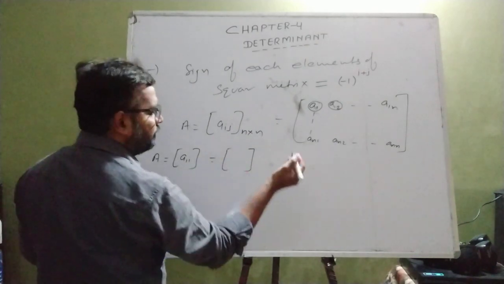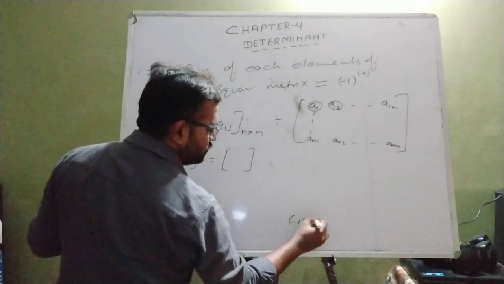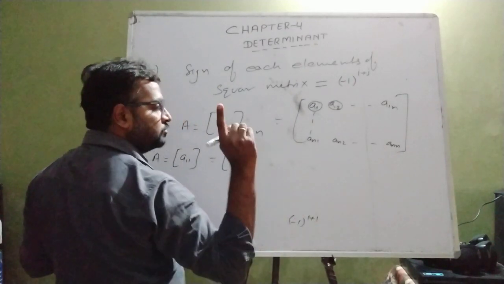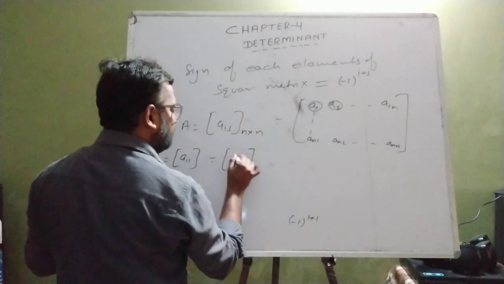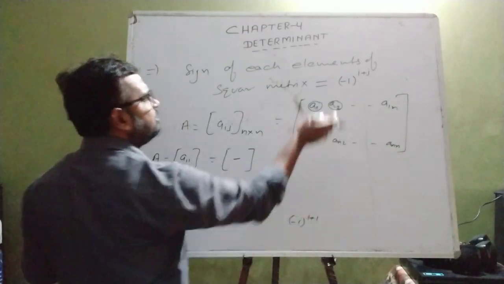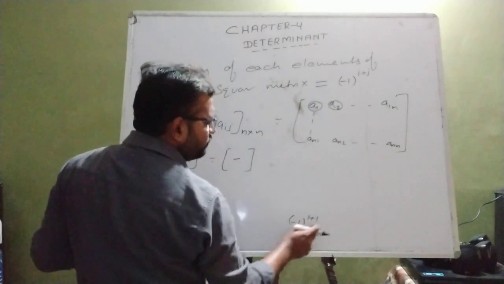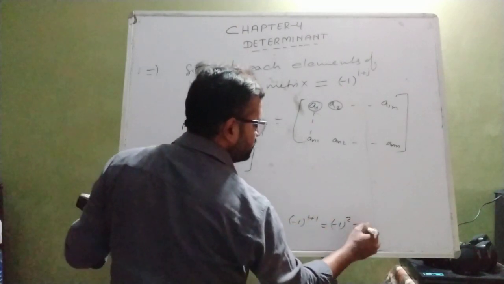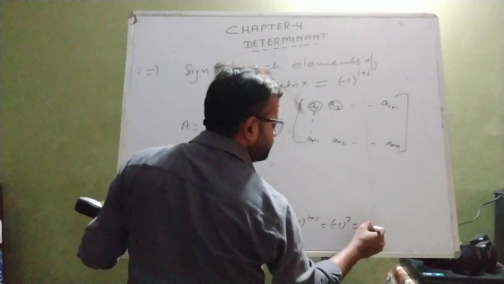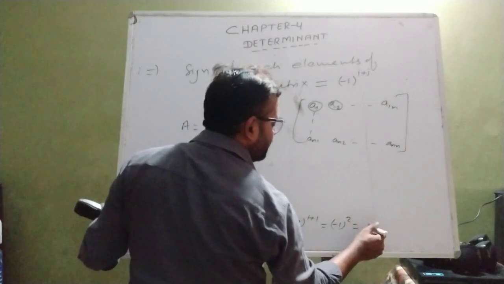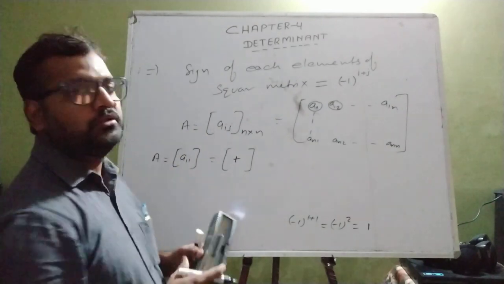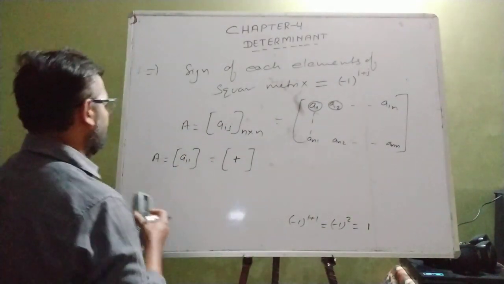Then (-1) to the power 1 plus 1, that is (-1) squared, which equals 1. It means 1 is coming and 1 is taken as the positive sign. So the sign will be positive.